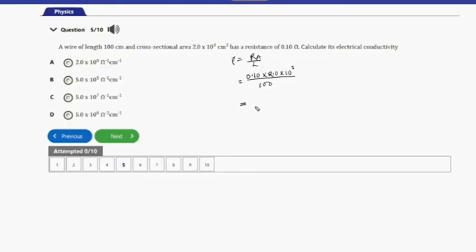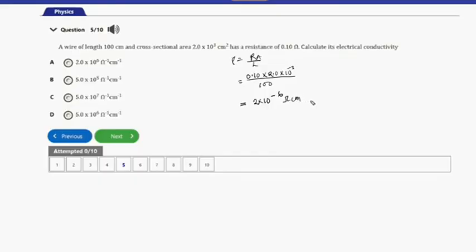So actually this cross-sectional area is 2 times 10 to the power of negative 3 cm squared. So not just 2 times 10 to the power of 3. This is 2 times 10 to the power of negative 3. So this is an error here. So if we calculate for this, we are going to have 2 times 10 to the power of negative 6 ohm cm.